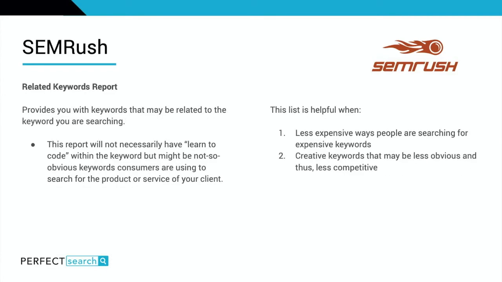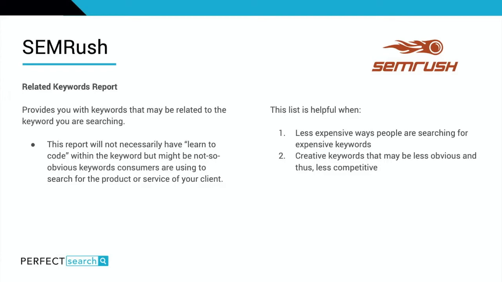Also in SEMrush, there's the related keywords report. This just provides us with keywords that are similar or maybe related to the keyword that we search. So, for example, if we use learn to code again within SEMrush, it might reveal some not so obvious keywords that users are searching as well.